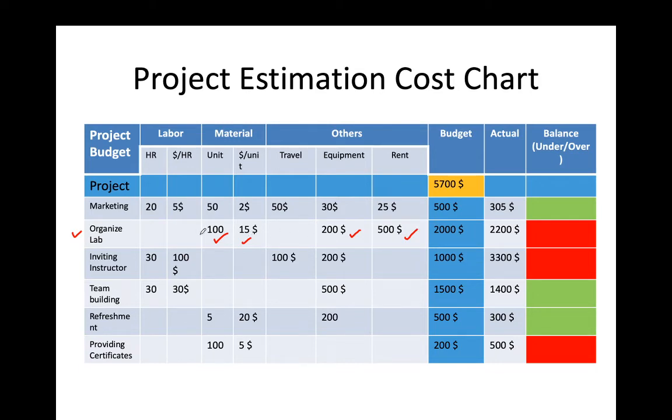So 15 into 100 plus 200 plus 500, the total actual cost is 2200 US dollars. But the budget for the organized lab was 2000 US dollars. So our actual cost is over the budget.